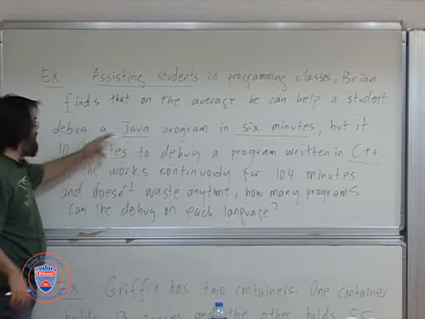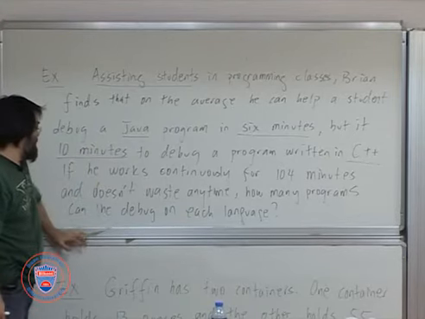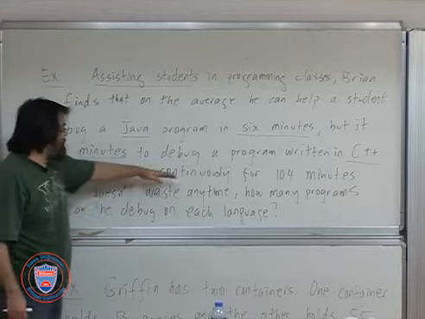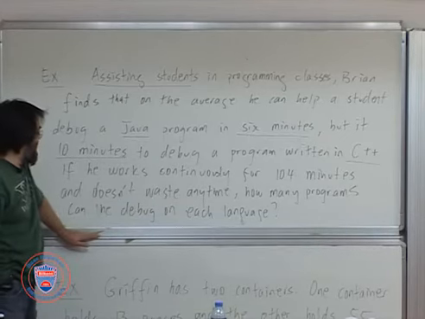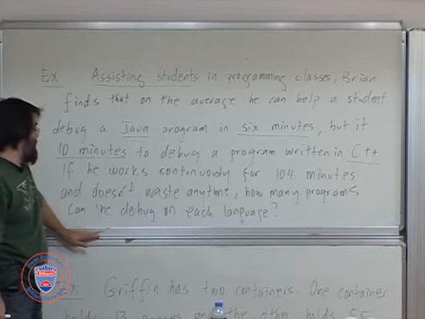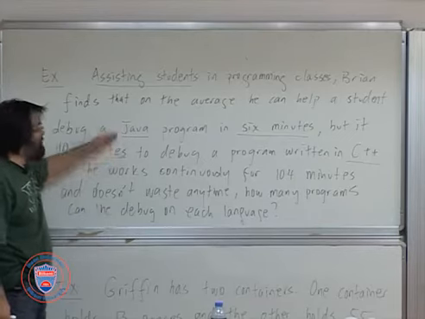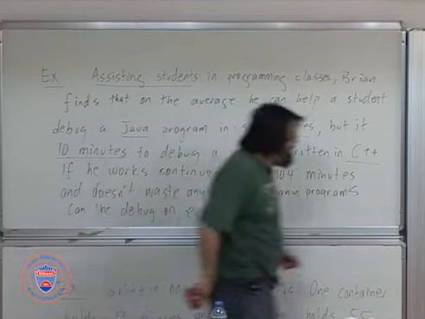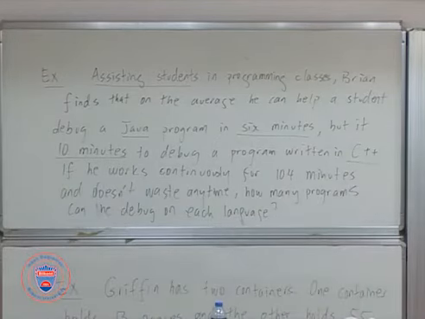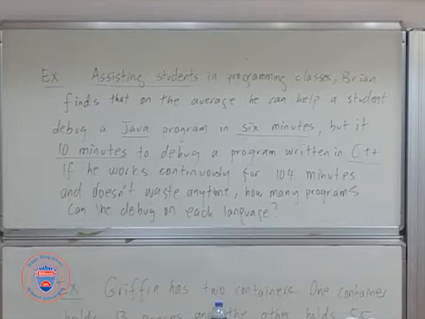One is 6, the other is 10. And then he works totally 104 minutes. How many programs does he debug in each language? That's what we need to know. So it's this kind of problem. We should use the same technique.